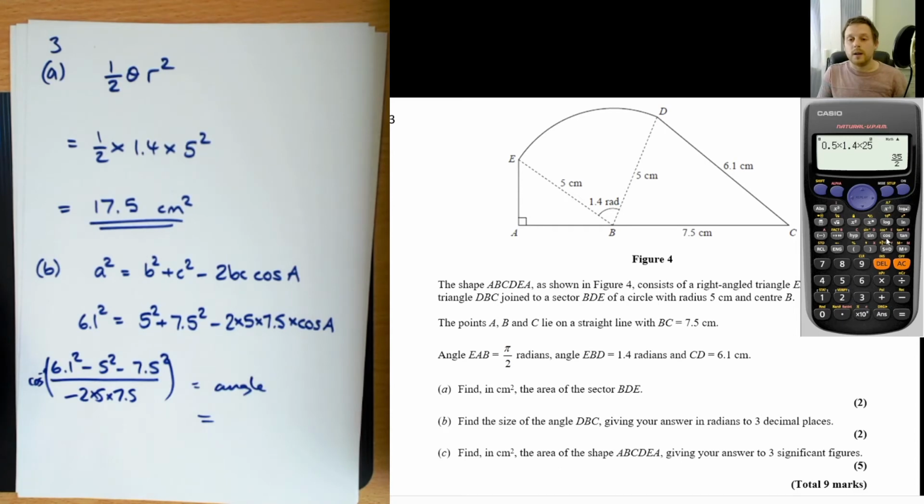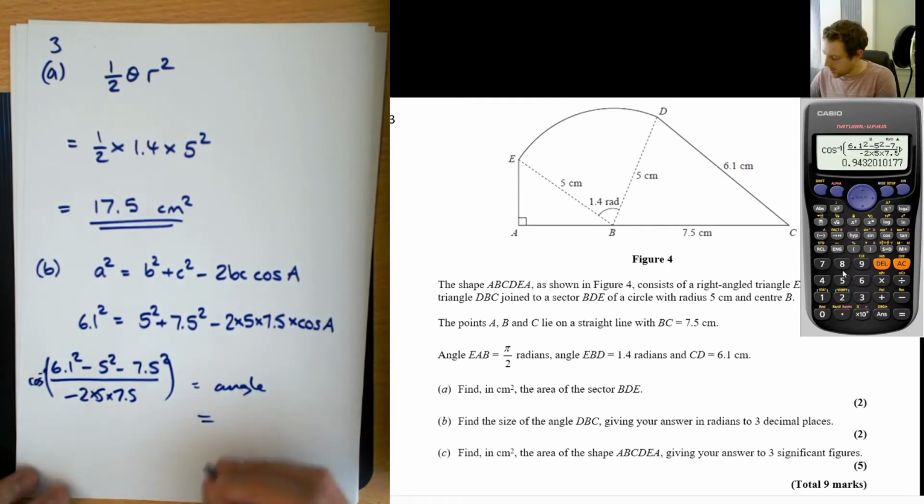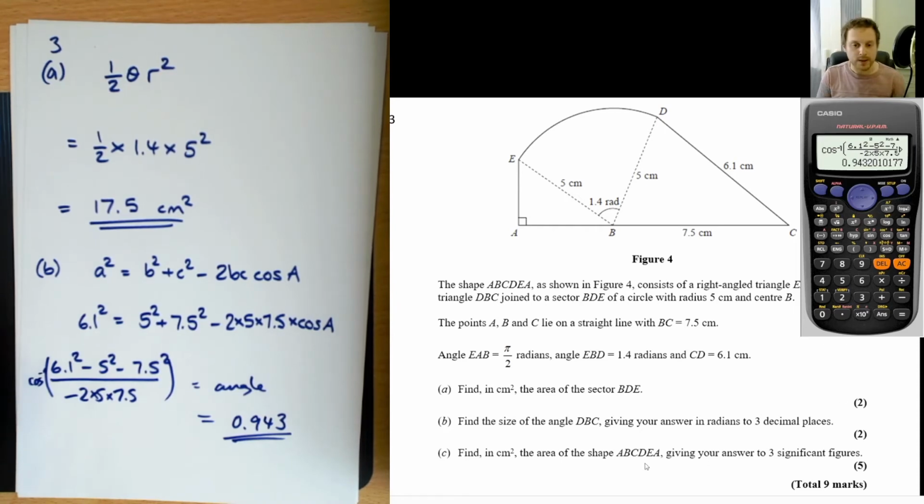We want it in radians, so I must make sure the calculator is in radians. 6.1 squared minus 5 squared minus 7.5 squared, just put that bracket there and then go back, minus 2 times 5 times 7.5. So 0.943 radians to 3 decimal places. I can confirm that that is correct.